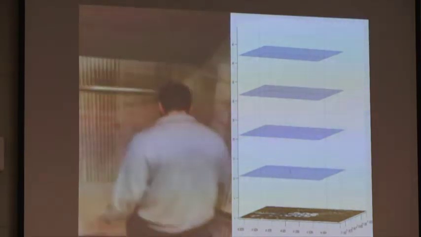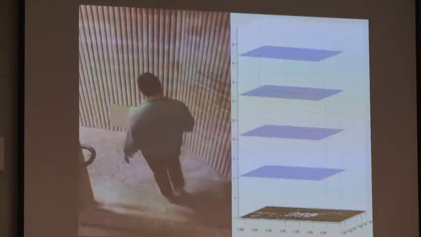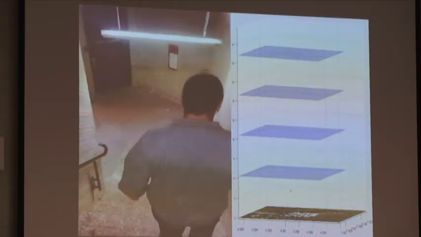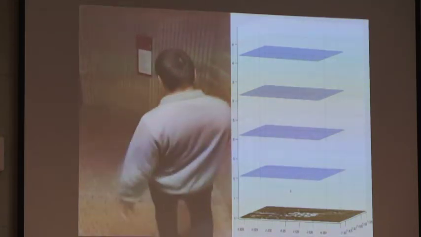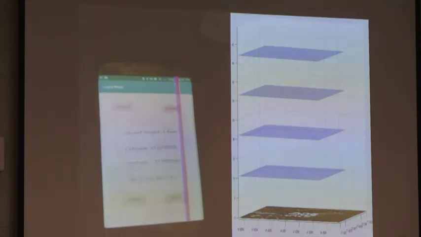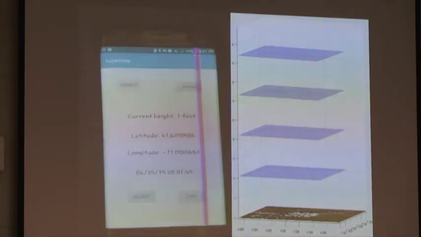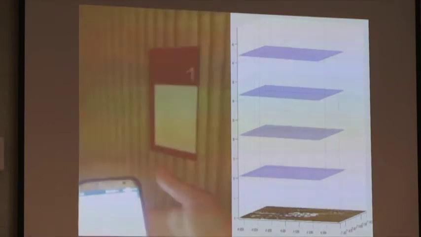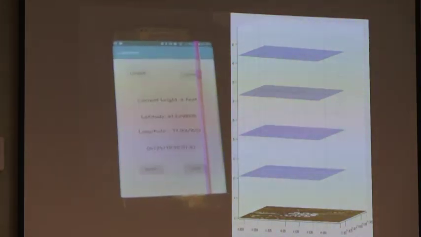We started at 3 feet, it drifted, it's now 1 foot, so it had 2 feet of drift. And we're back on floor 1. And that concludes our test. Thank you.